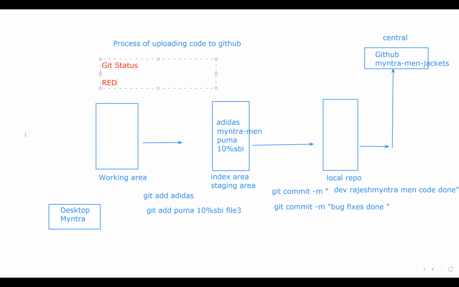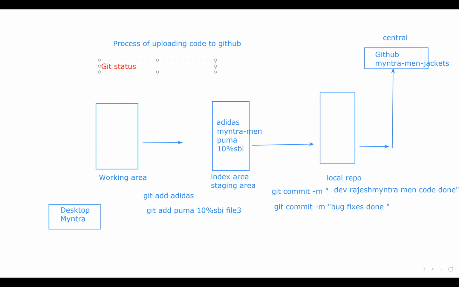Next. Let me change the color again. If you enter git status, and the file's output shows in red color, it means it is in the working area. Next, if the file is showing in green color, it means it is in the staging area or index area, whichever you are comfortable with.